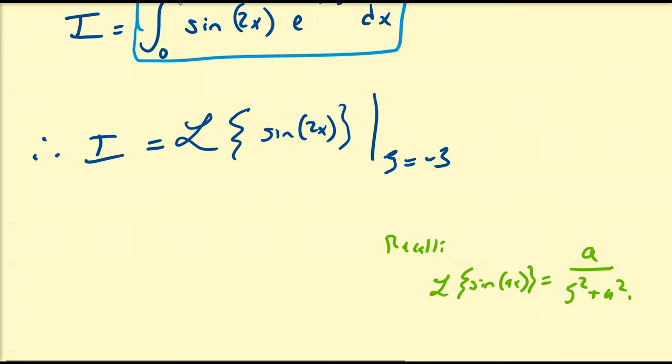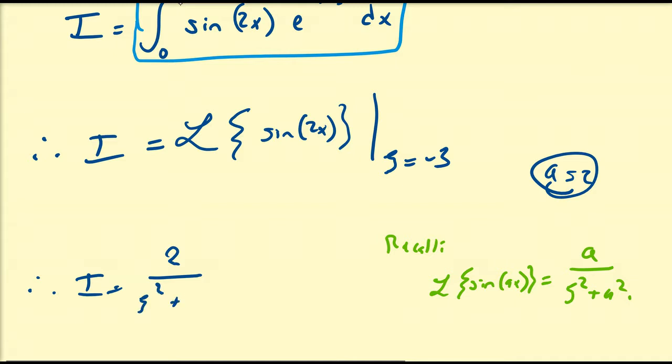So if that is the case, here a is equal to 2. So that means I is going to be equal to the Laplace transform of sine 2x. So that's going to be equal to 2 divided by psi squared plus 2 squared, evaluated at psi is equal to minus 3.